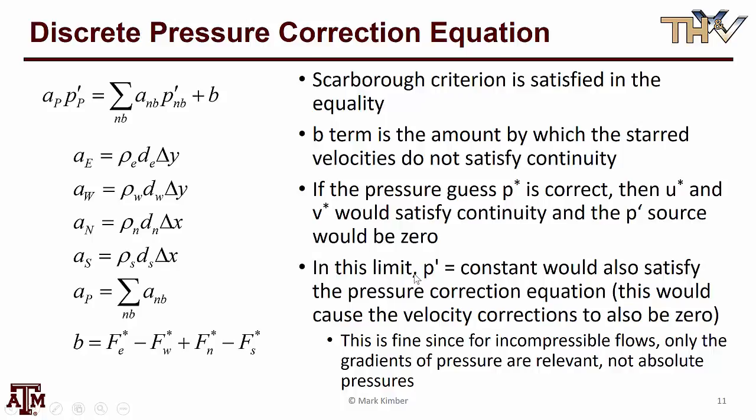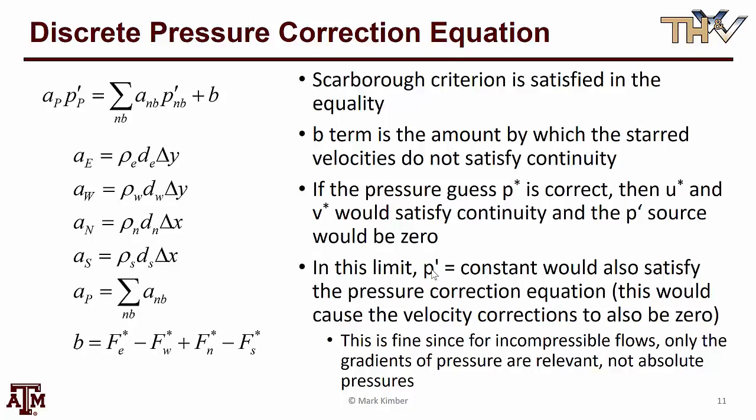It's also important to note that if P prime equals a constant, this still works. It doesn't necessarily have to be that our pressure corrector is 0. Our B term is going to go to 0. And so we want to use that as a cutoff criterion and not the P prime, because in an incompressible flow, if we don't have pressure boundary conditions, for example, if we just have a velocity inlet and a velocity outlet, then the absolute pressure is going to be irrelevant.